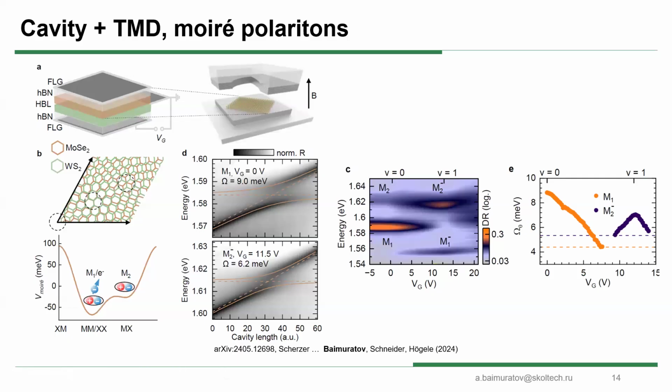And we can change the cavity length, and in principle we are in a strong coupling regime for this cavity. And we can measure Rabi splitting, for what we call M1 and M2 minus. We can measure for everything, but here you see only M1 orange points and M2 minus.